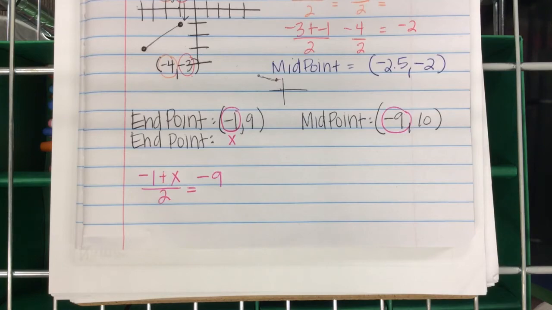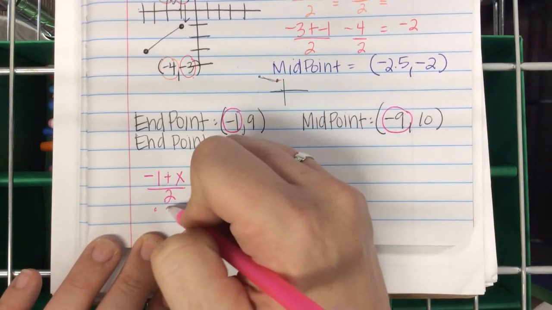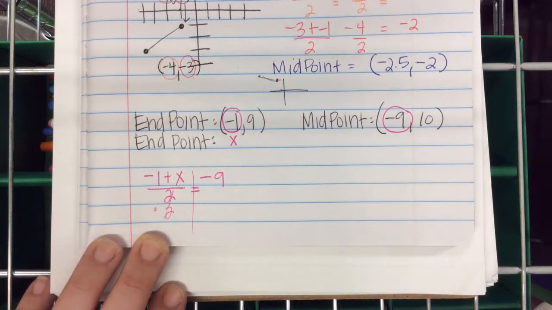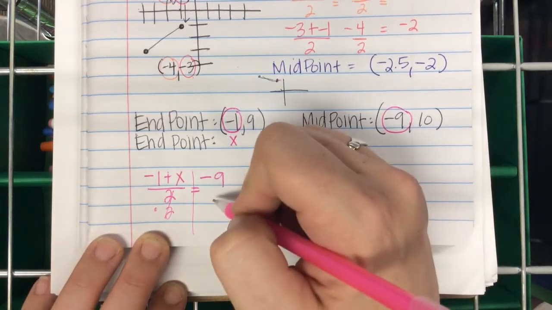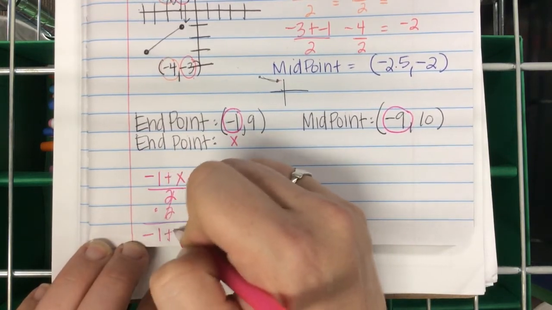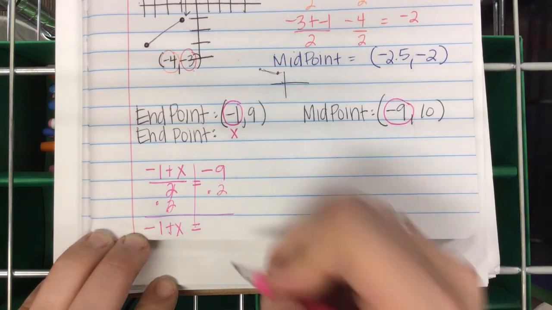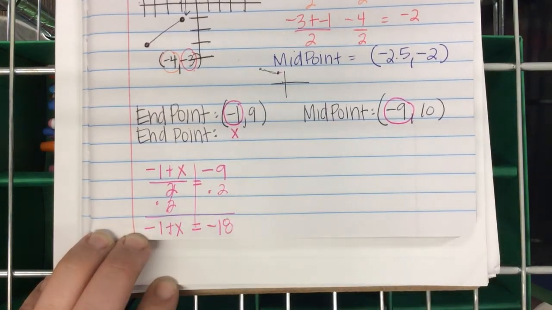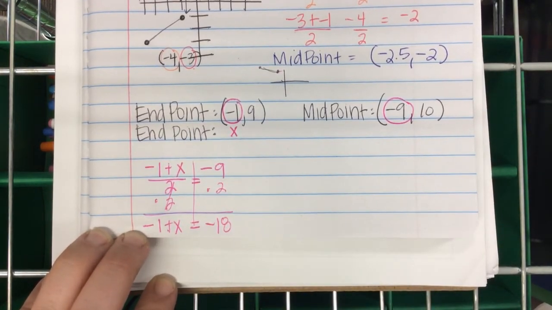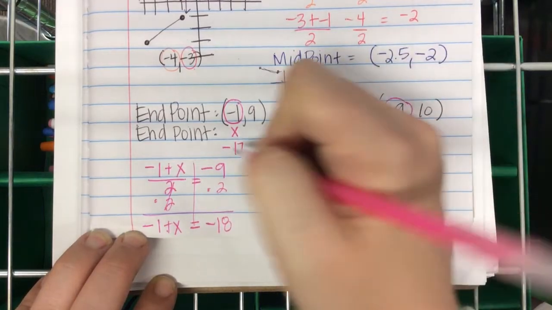Let's do inverse operations, right? Times 2, get rid of that number first. Your multiply or divide number. It's backwards this time, right? So I have negative 1 plus x equals what? Negative 18. So what does x equal? Negative 17.